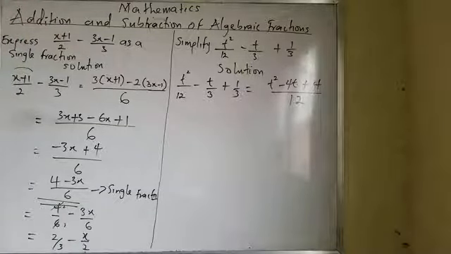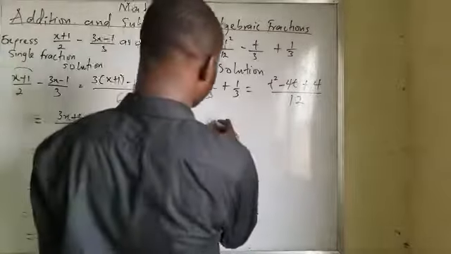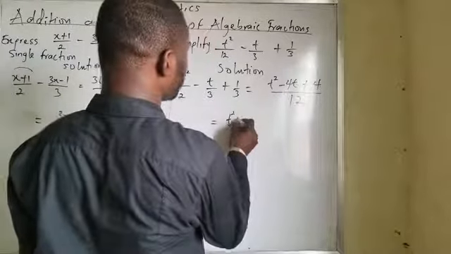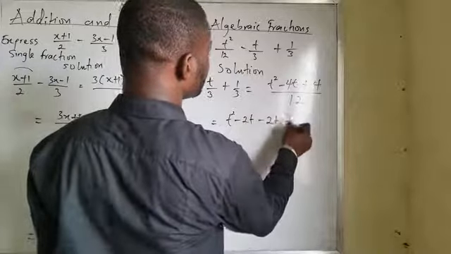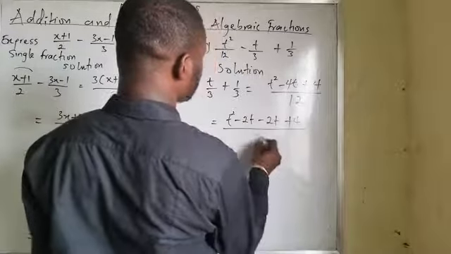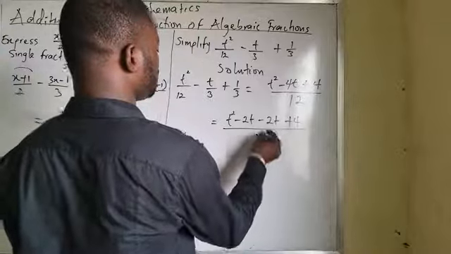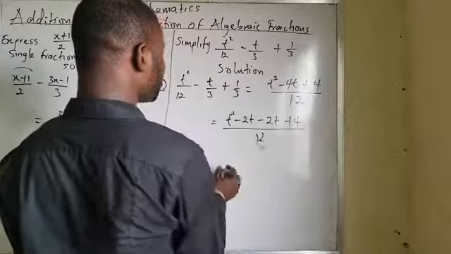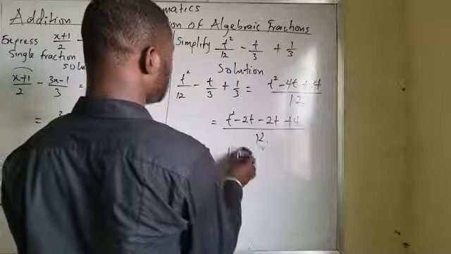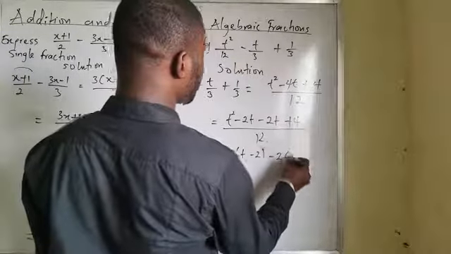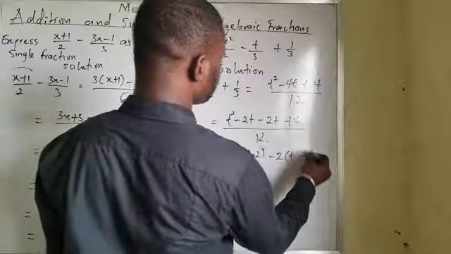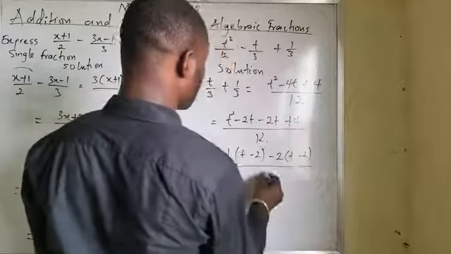Since I've done that, I can now say that I can factorize the numerator: t squared minus 2t plus 4, divided by 12. Now I can write this as t(t - 2)(t - 2) divided by 12.